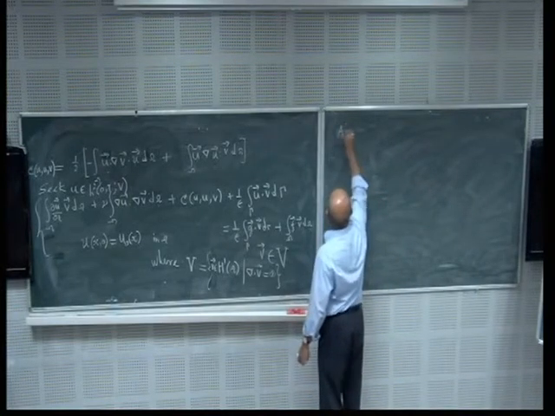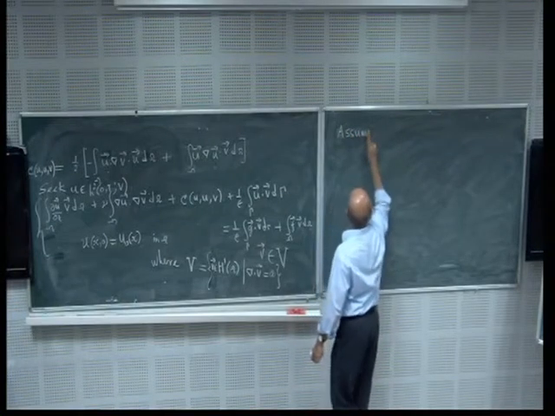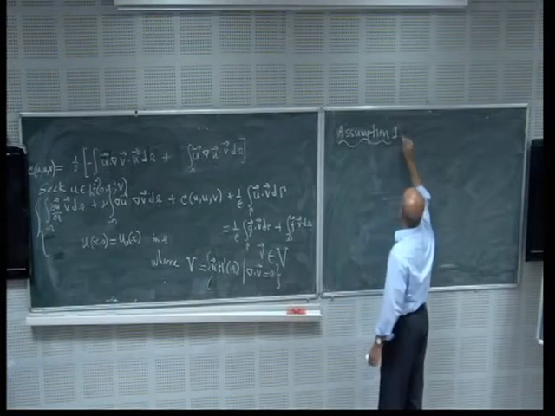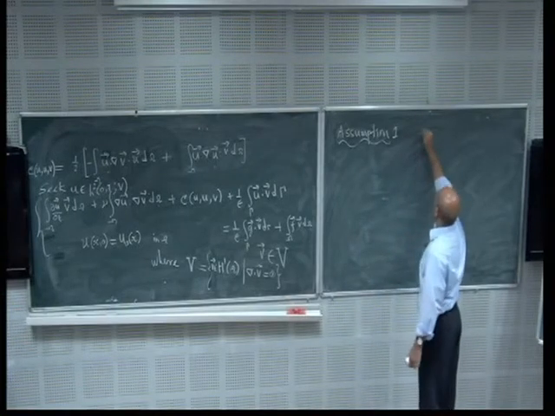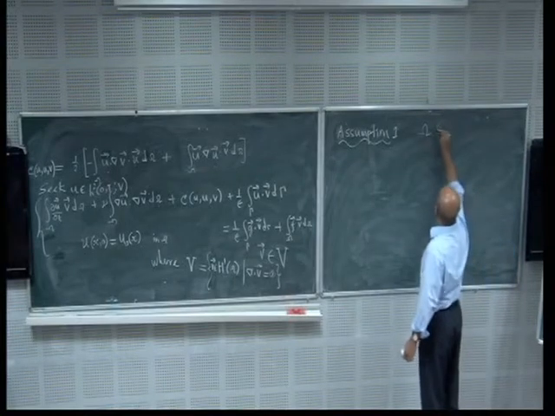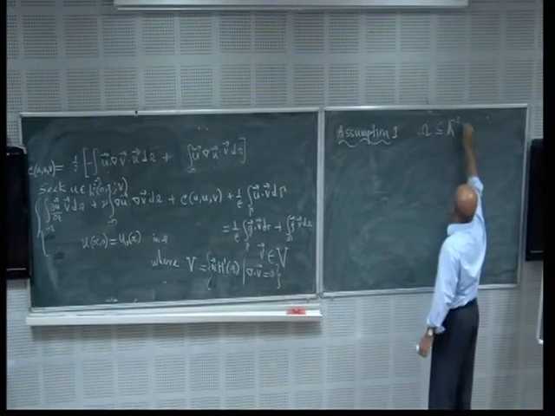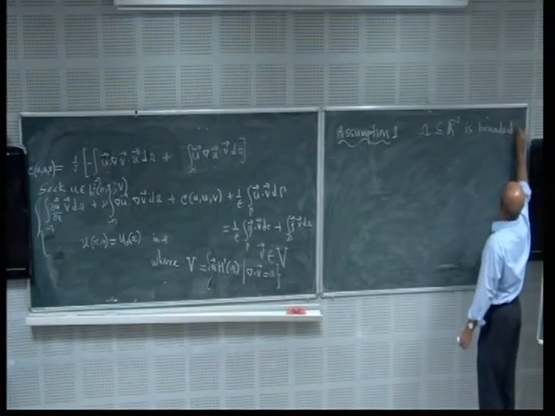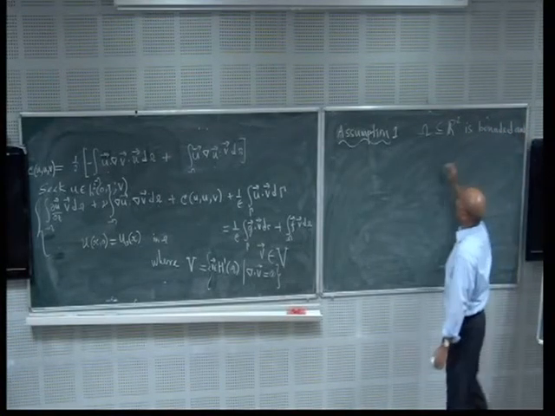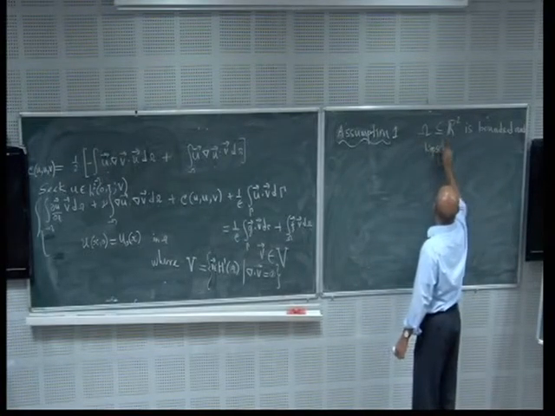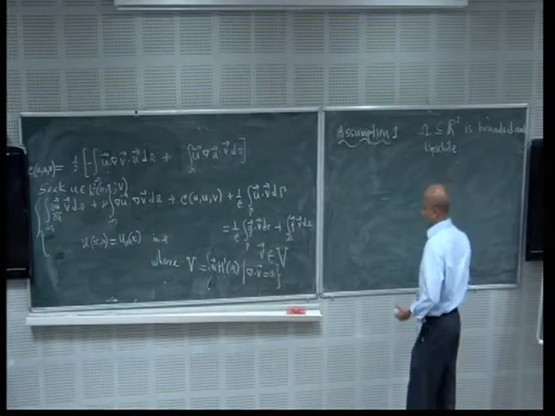Here is an assumption that I'm going to make throughout the talk. One, omega is a bounded domain in R2, and it's also Lipschitz.